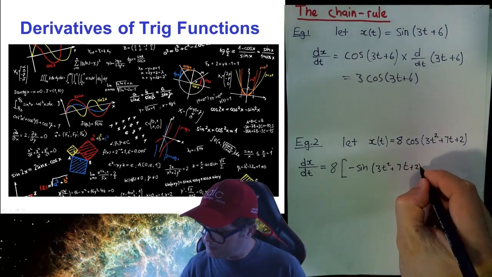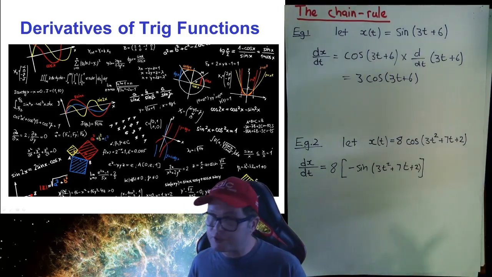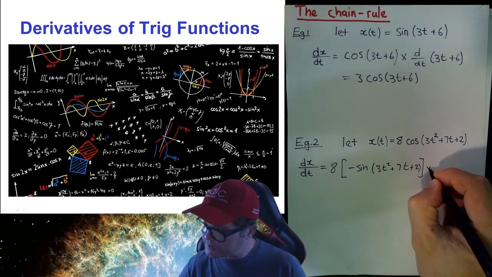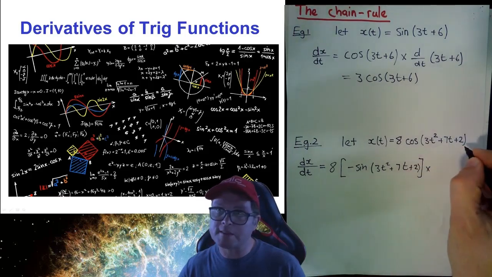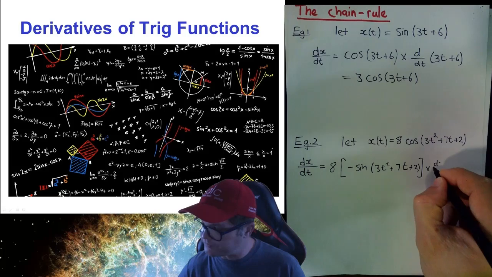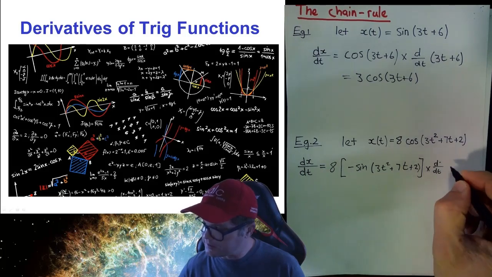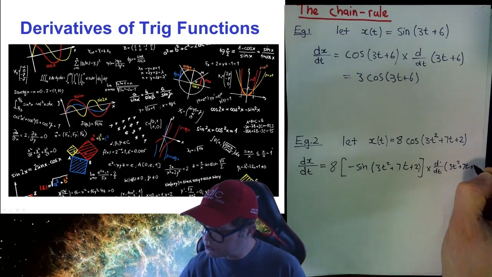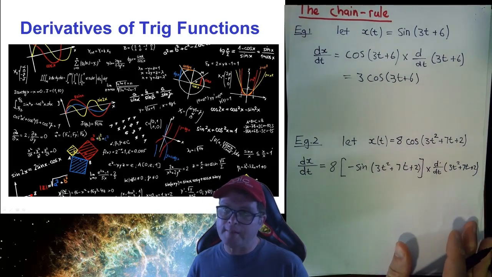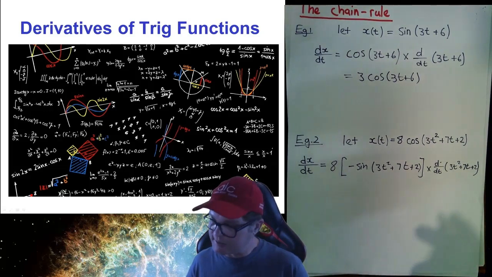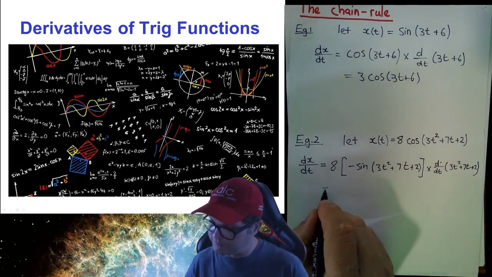That's fine. Now what we need to do is apply the chain rule. So the chain rule says take the derivative of what's inside the bracket. So that means take d dt of 3t squared plus 7t plus 2. To finish the answer, we need to write it in its final form.